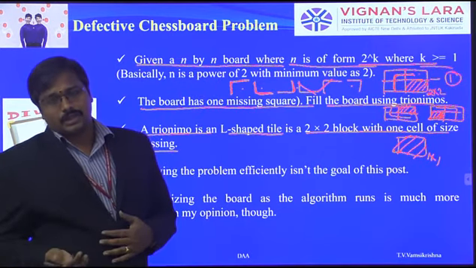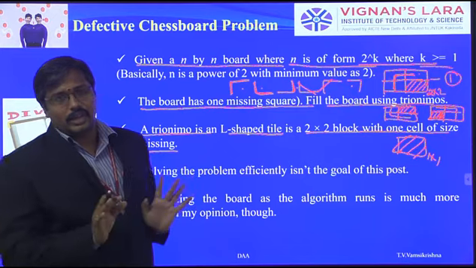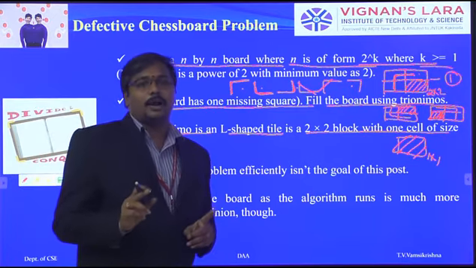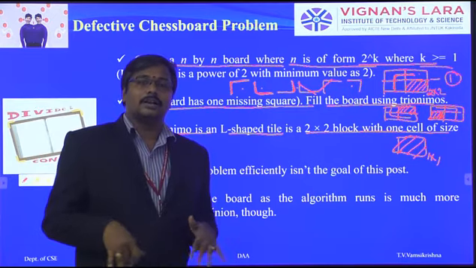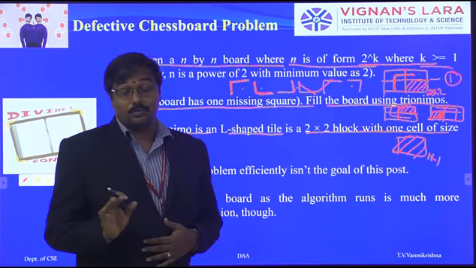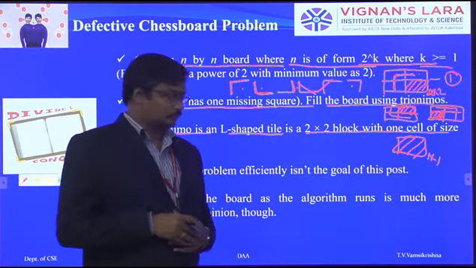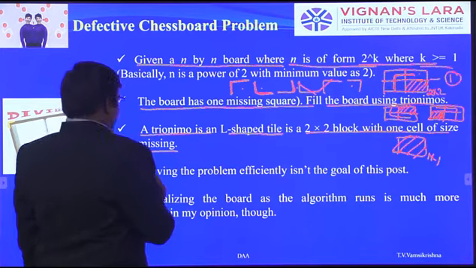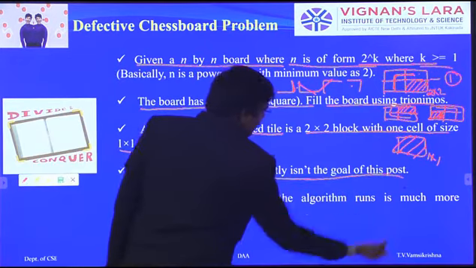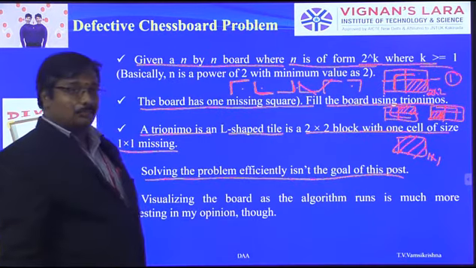Whatever the position of the defective tile, one triamino is required to cover the rest of a 2 by 2 chessboard. Solving the problem efficiently is the goal of this problem.